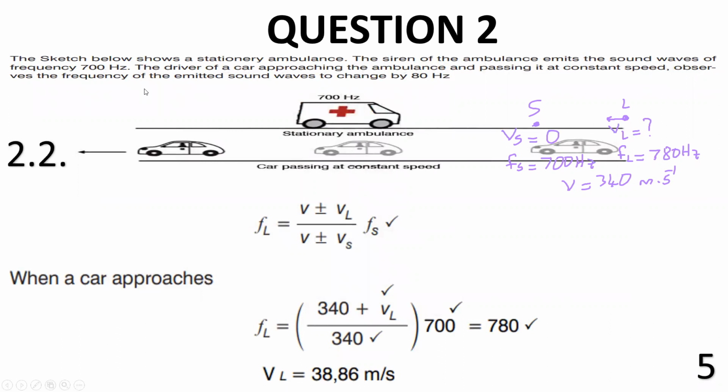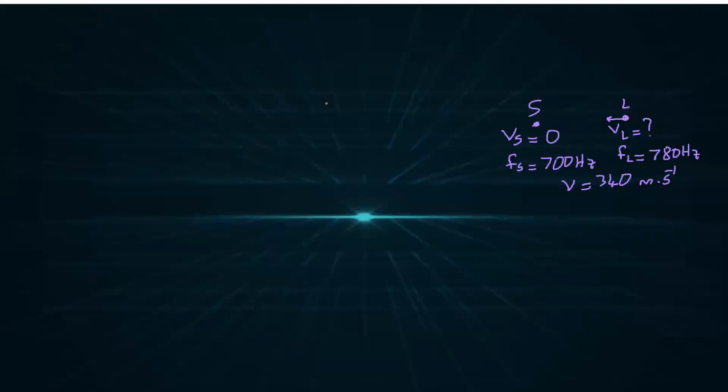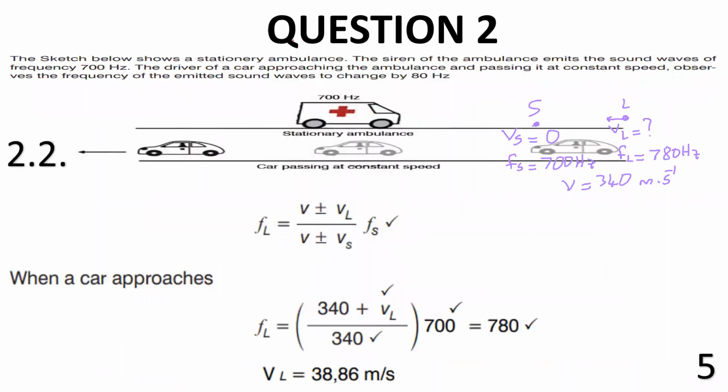So now let's see this formula. First of all, we have this formula to calculate. You write the formula from the formula box, and then you get your 1 mark. And you can use this formula, or you can say FL equals (V plus VL) over (V minus VS) times FS.